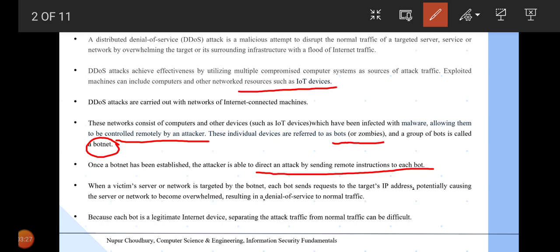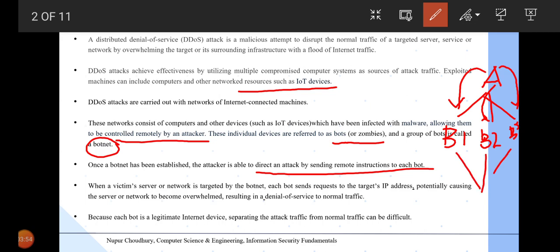Now suppose there is an attacker who is sitting remotely and has the control of around 3 different bots. Let's say B1, B2 and B3 respectively. Now this attacker will remotely send instructions to each of these bots, and these bots on the other hand will try to flood the network with n number of requests to that particular server or service that it is trying to attack.